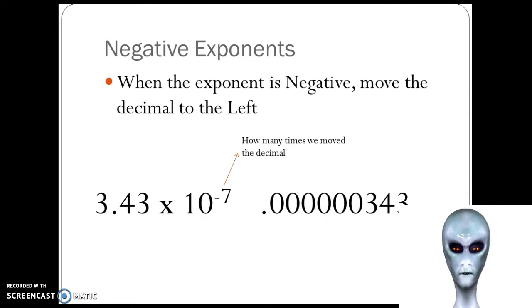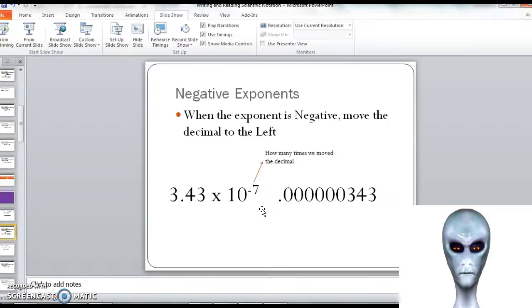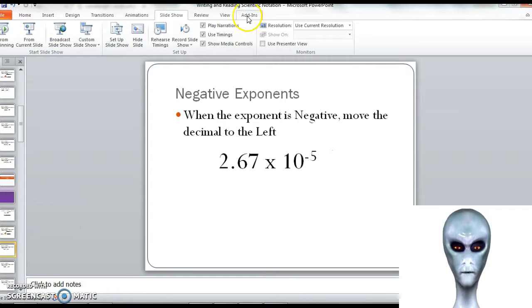So in this example here, my decimal point would be located between the 3 and the 4. So I'm going to move it to the left 7 times. I count the 3 as 1, 2, 3, 4, 5, 6, 7. I end up plugging in 6 zeros as placeholders. So let's do a couple examples, and I'll give you some strategies that you can use.